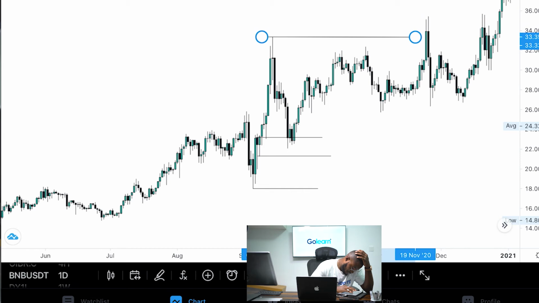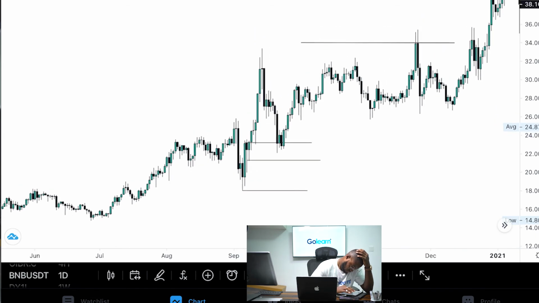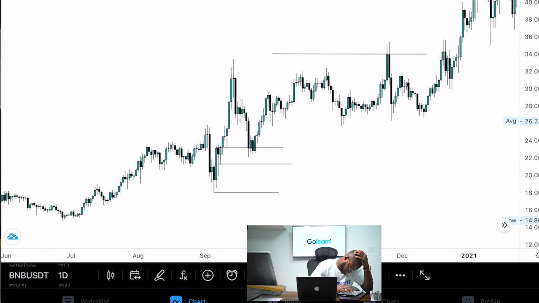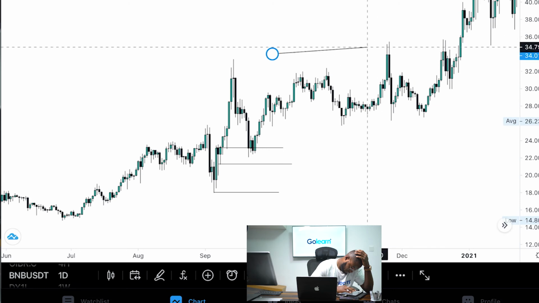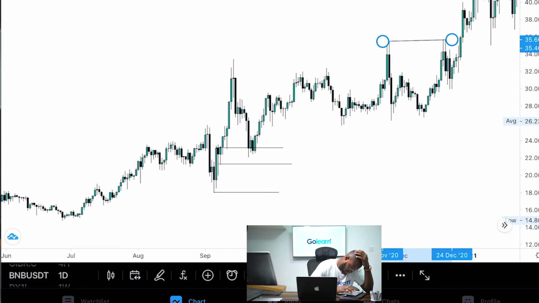So if it was broken by this candle here, our new market structure high will be this one here. And our new market structure low will be which one? The low that was formed on that candle. This one.